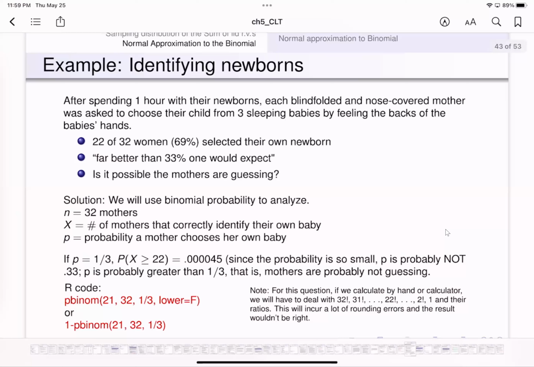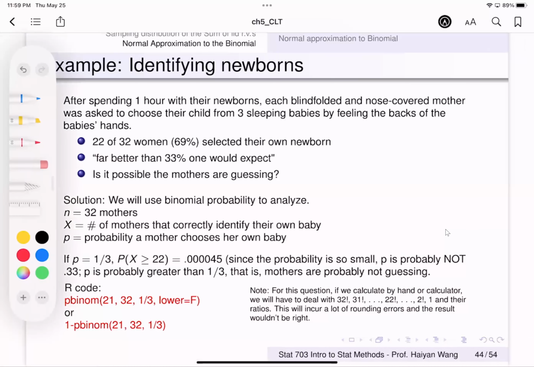So with n equals 32, if mothers do random guess, we have success probability p equal to 1/3. Then X follows the binomial with the number of trials n equals 32 and p equals 1/3.